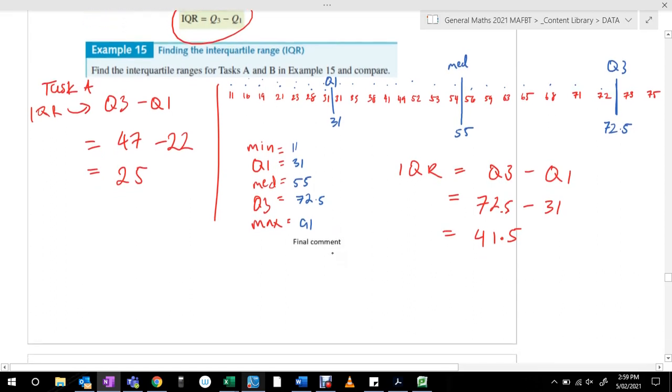So what can we make as a final comment? What can we say, guys, for our final comment? What has a higher IQR? Task A or Task B?